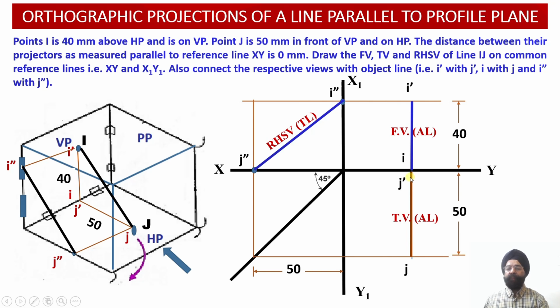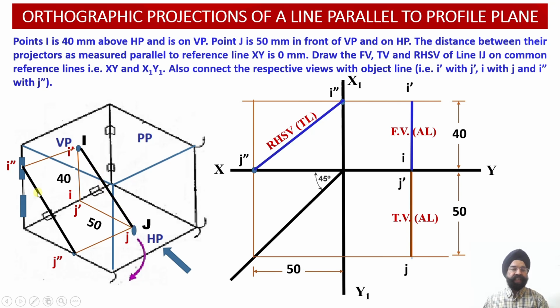Similarly, the top view projections obtained on the horizontal plane also represent the apparent length of the line IJ. The reason is that this line IJ is inclined to both the vertical plane as well as the horizontal plane, as is clear from the 3D spatial representation shown over here.